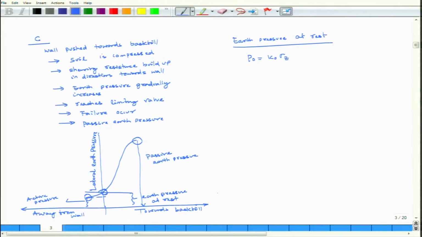Sigma z is the effective vertical stress at depth z. K0 is the coefficient of earth pressure at rest.